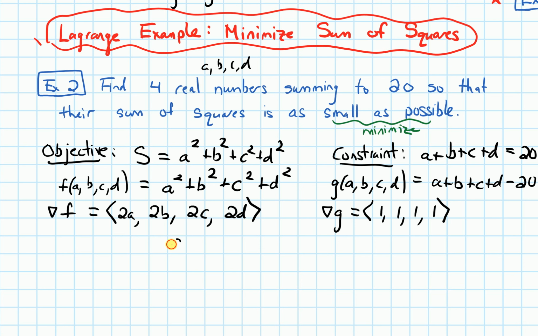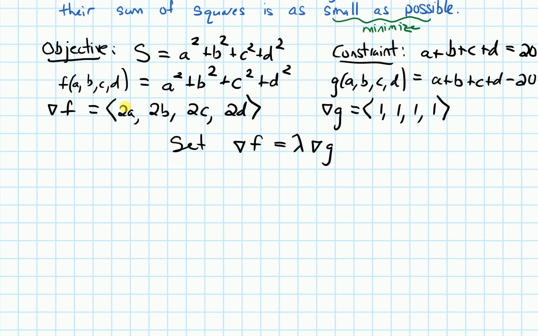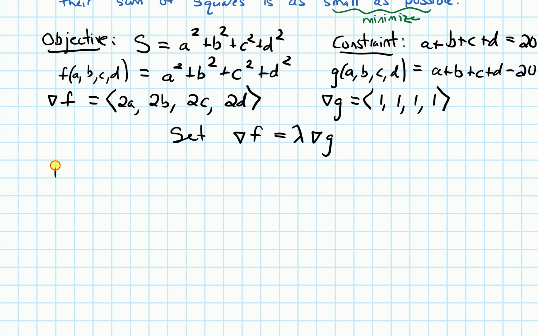So now we are ready to set the gradient of f equal to lambda times the gradient of g. When we do that, we're going to get a system of equations. The first equation, from setting their a components equal, is 2a from the gradient of f equals lambda times 1.